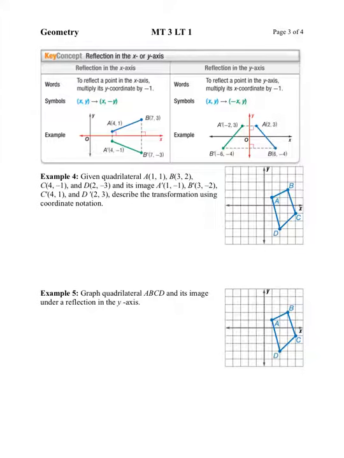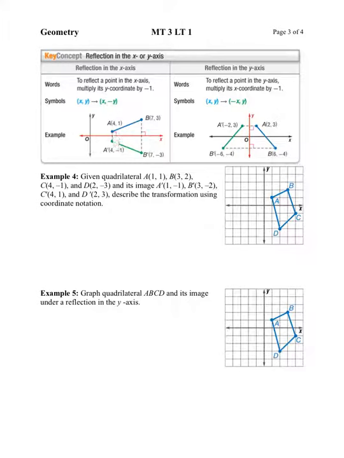There are 3 special reflections we should be aware of. They all occur in the coordinate plane. That is when you reflect something over the x-axis, or the y-axis, or the line y equals x. We'll start here with the x-axis. When you reflect something over the x-axis, notice what happens. It moves vertically. In arrow notation, (x, y) goes to (x, -y).